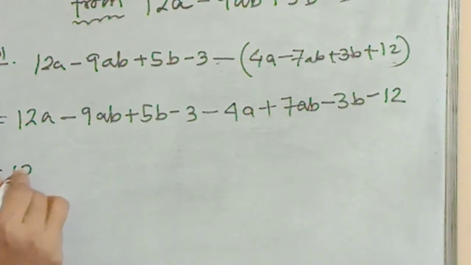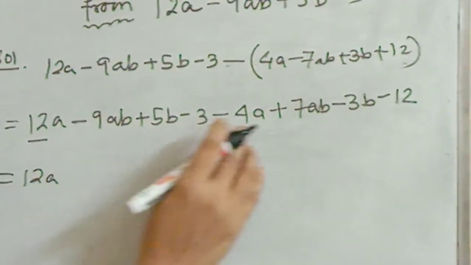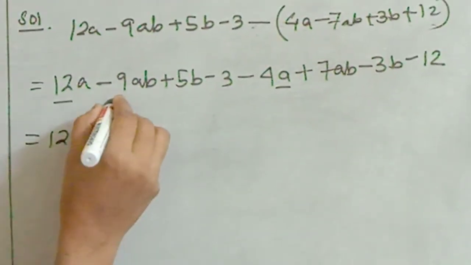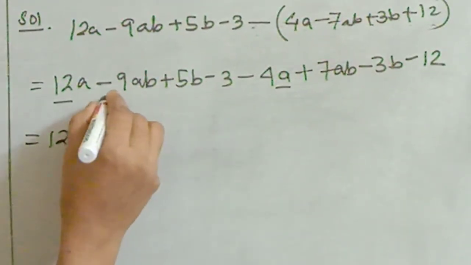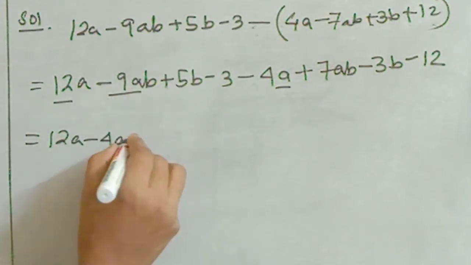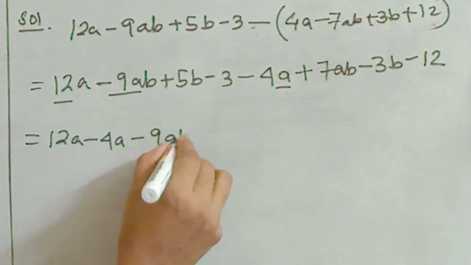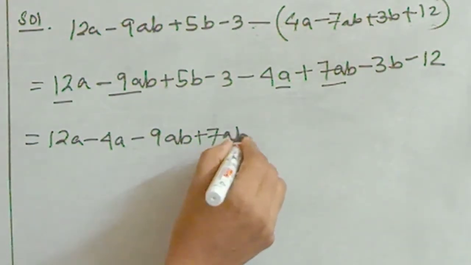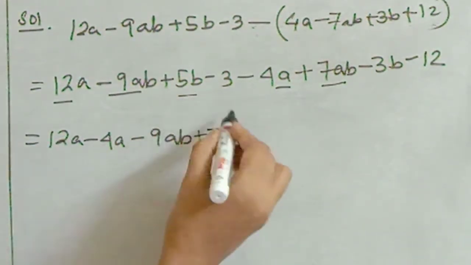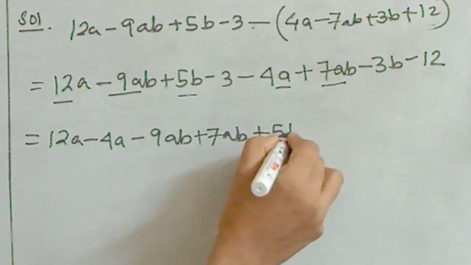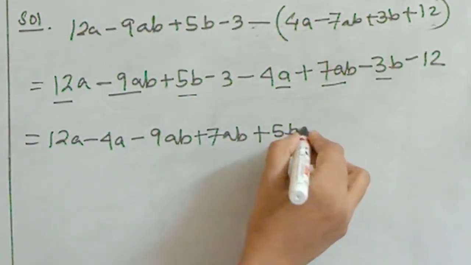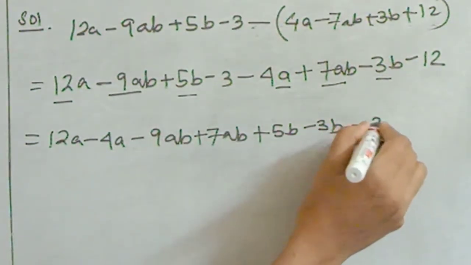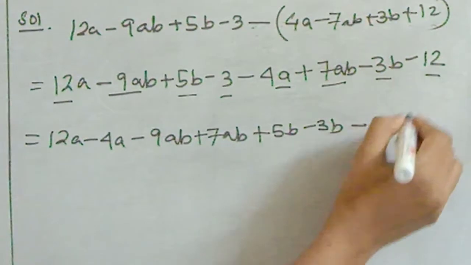Now 12a, 4a, minus 4a, then minus 9ab, plus 7ab, then plus 5b, and minus 3b, then minus 3 and minus 12.